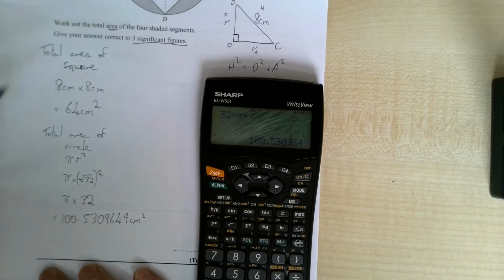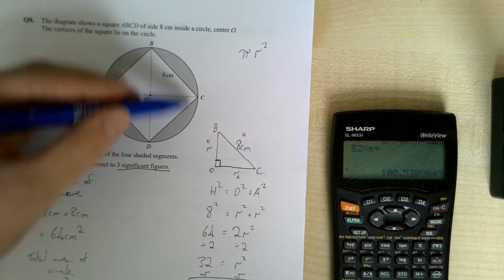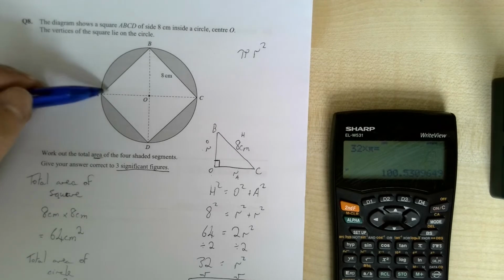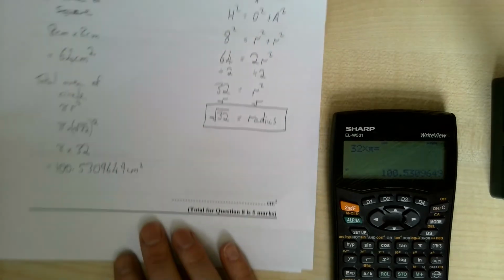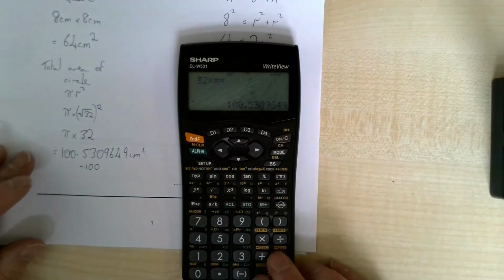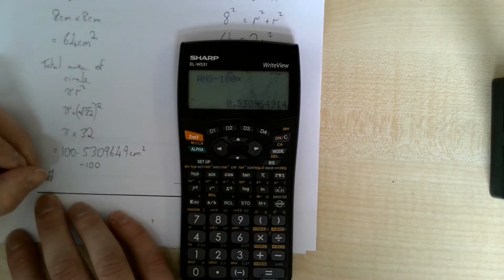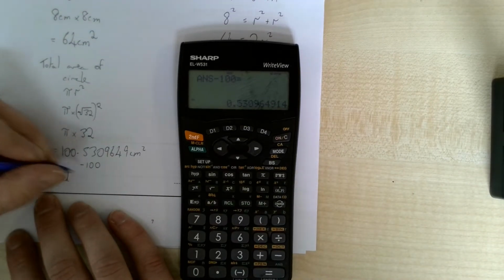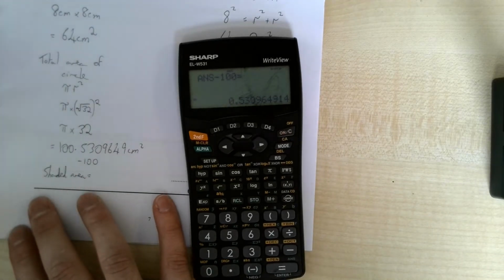As I said previously, it's just the shaded bit we want. So the whole circle is 100 point something. Take away the 64, that'll give us just the shaded bit. So minus 100, and it's still in the calculator. So the shaded area equals, sorry, why did I take away 100?